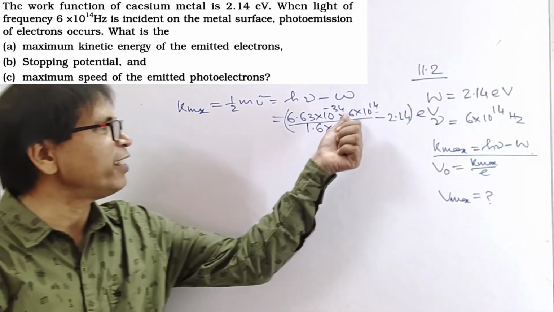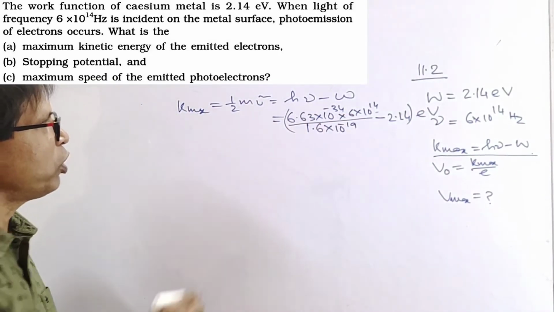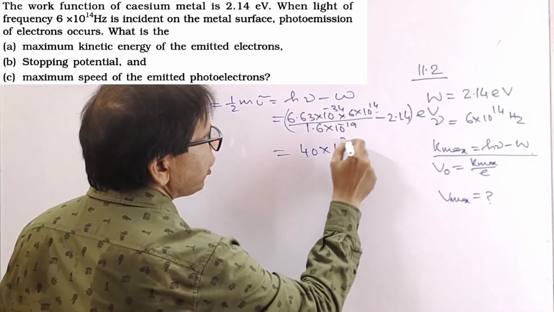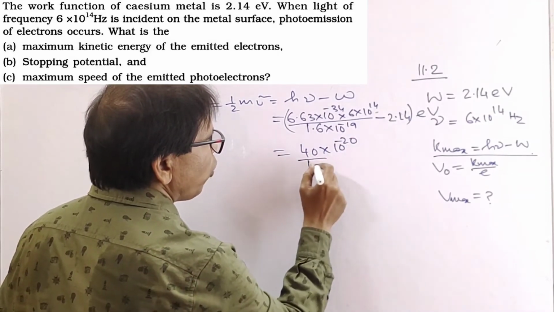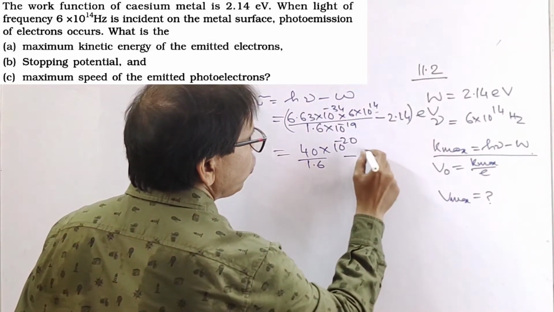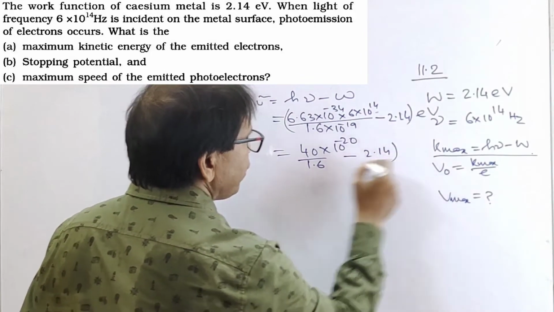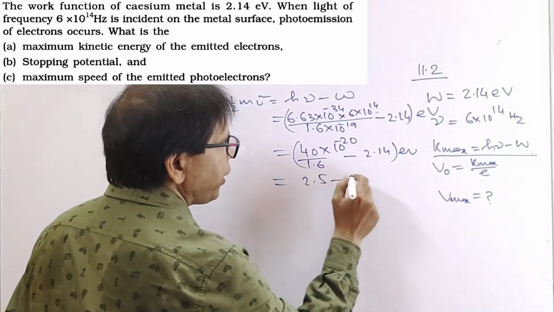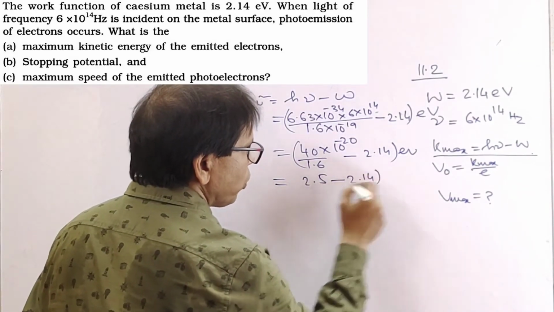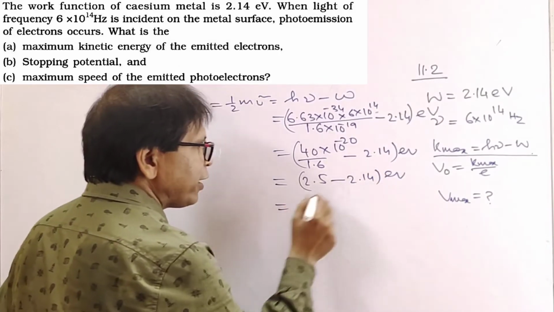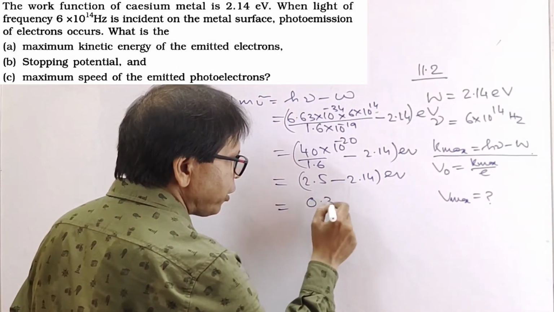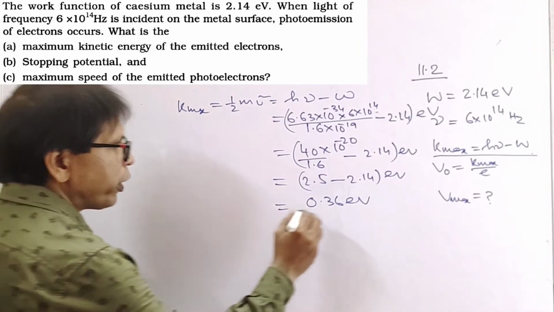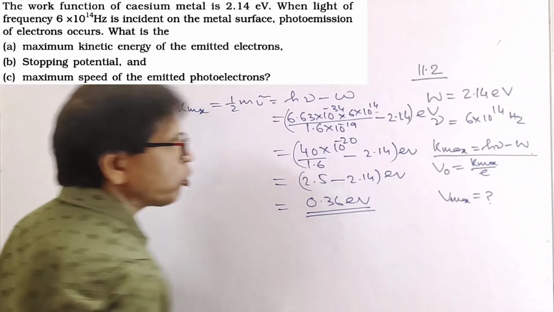Now 6 into 6.63 is almost 40, so 40 into 10 to the power minus 20 divided by 1.6 is about 2.5, minus 2.14 electron volt, so this is almost 0.36 electron volt. So K max is 0.36 electron volt.